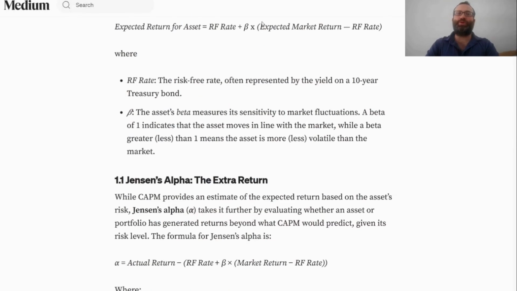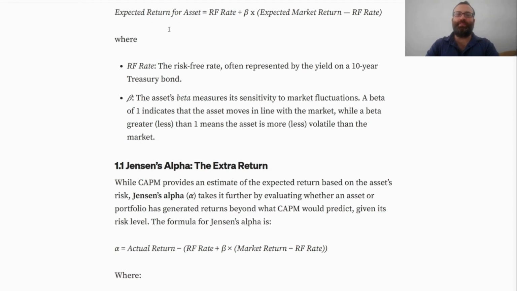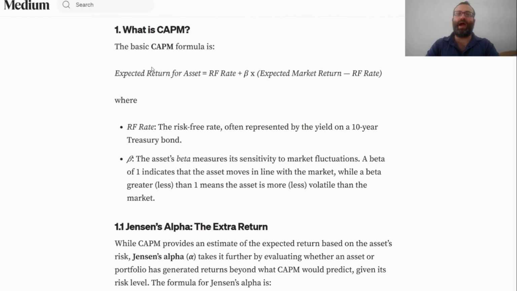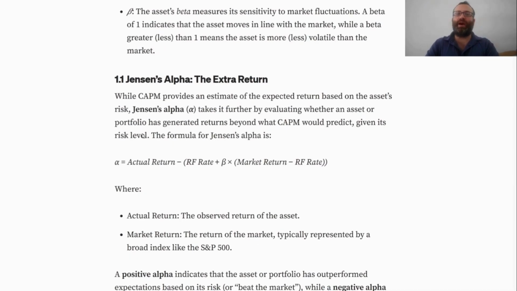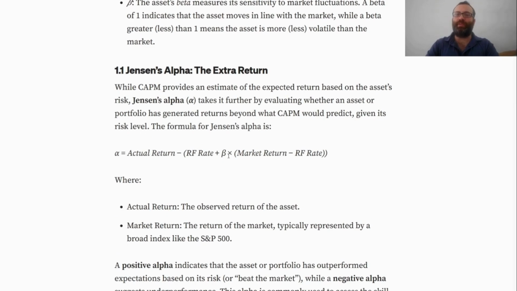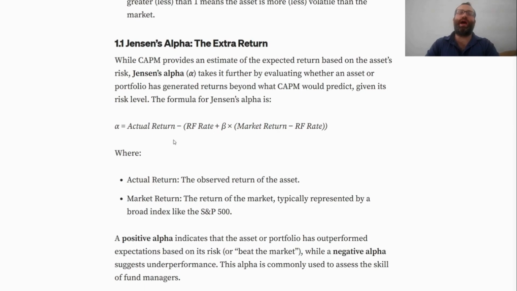If you subtract the right-hand side from the left-hand side, you get how much better the return for the asset is than what you expect under CAPM. This gives you something called alpha. So alpha is the actual return minus the risk-free rate plus beta times the excess market return. Alpha is basically how good the asset is.